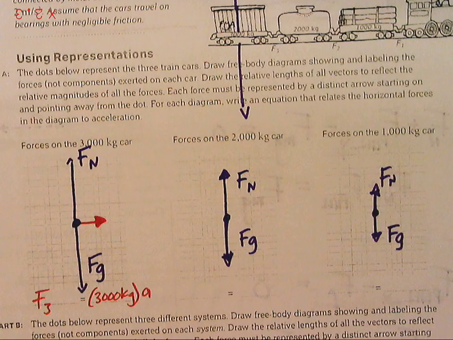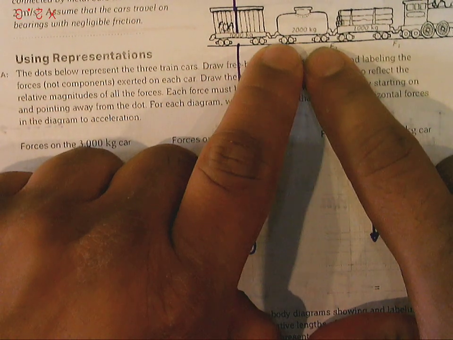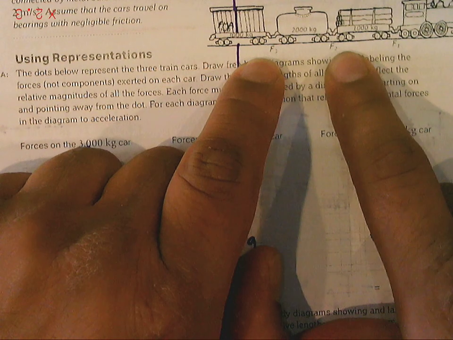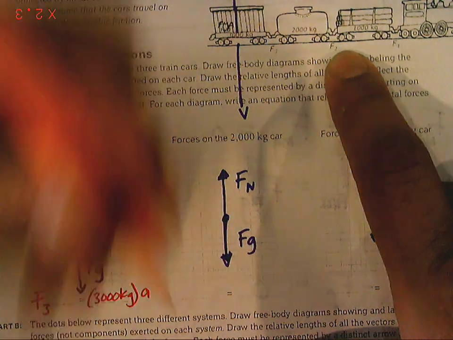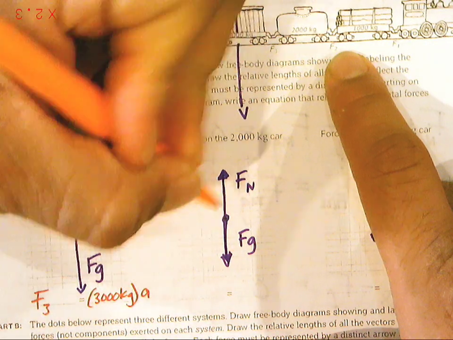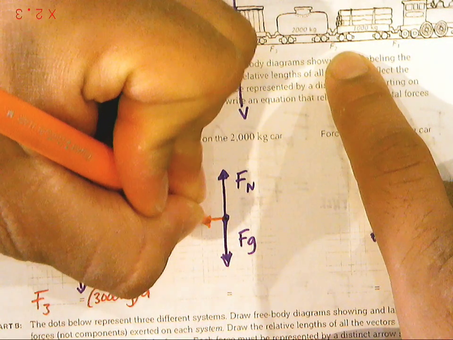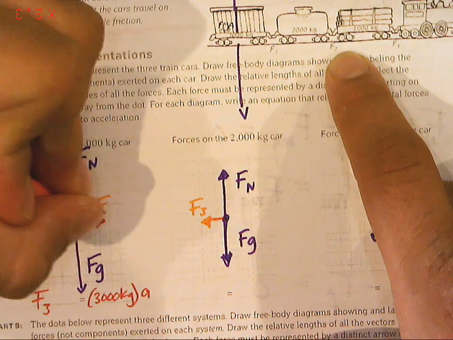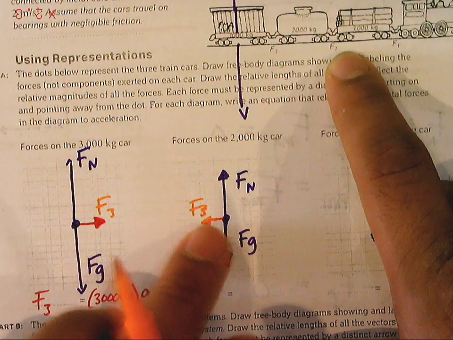Now, what about the second car, car 2? Well, car 2 feels 2 forces, force 3 and force 2. So what happens in this case? Well, force 3, I wrote it here, force 3. These 2 forces should be equal and opposite each other.